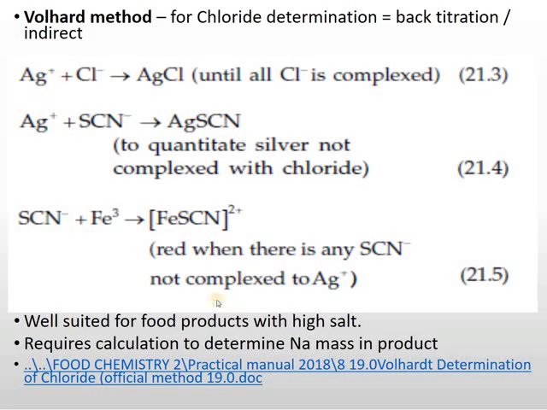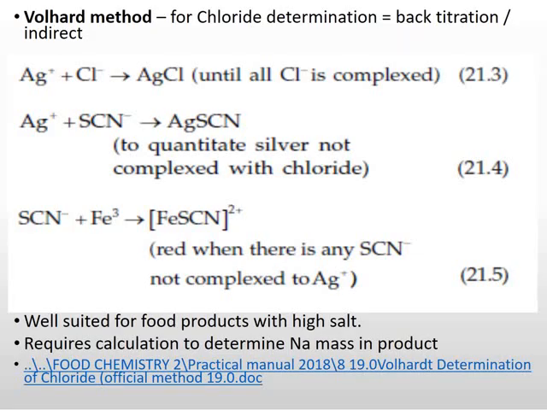And then obviously, just like any other method in food analysis, there's some calculation that has to be done, because all the chemicals that are required there, we know their concentration and we know how much of that is added in terms of volume. When titrating, we also check the meniscus to see how much of that solution reacted. You will do this practical on the virtual practical on Blackboard, so then you will understand it much better.